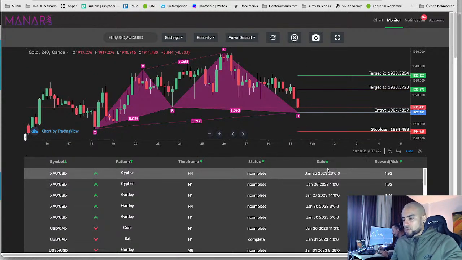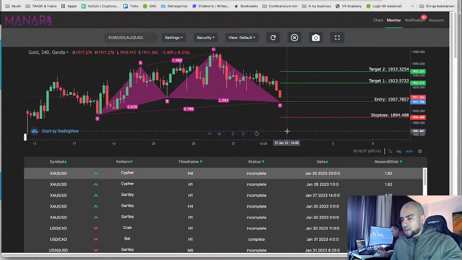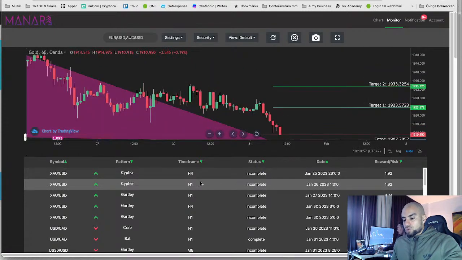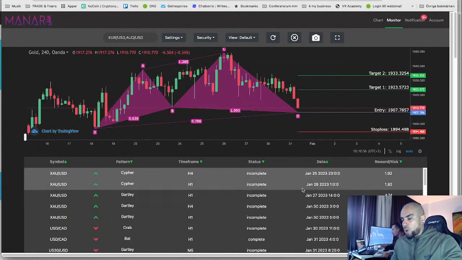So you see this cipher harmonic pattern being created here, and it needs to come down to this level, about 1906, 1907 US dollars, to be completed. Right now it's incomplete, as you see. So that's a cipher harmonic pattern on the 4-hourly time frame.